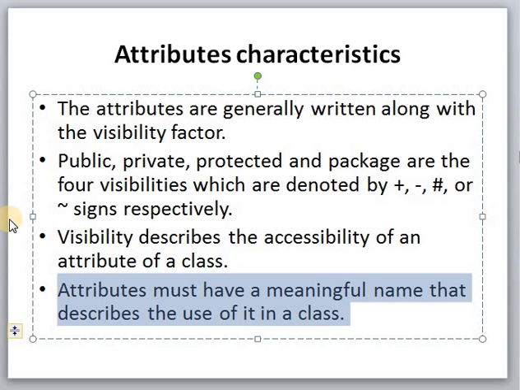The attribute must have a meaningful name that describes the use of it in a class. An attribute should be named in a way that it represents the logic, the meaning, the quality of that particular class in which they are described.